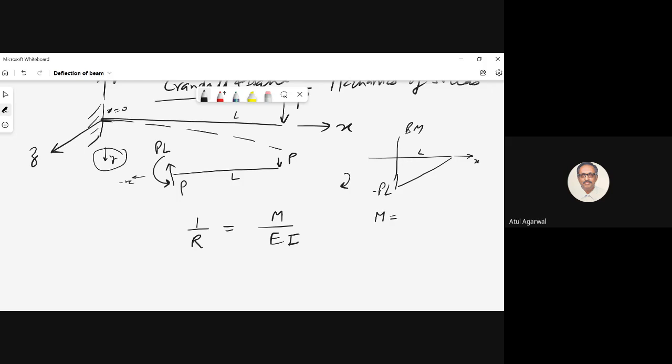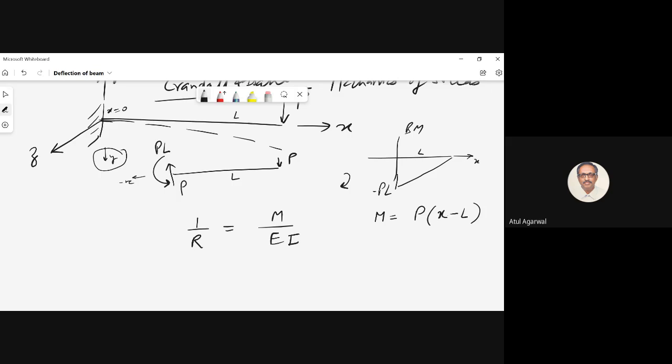I can say M is equal to P into, how can I write the equation of this line? Suppose I write it P into x minus L. So put x equal to 0, you get minus PL.